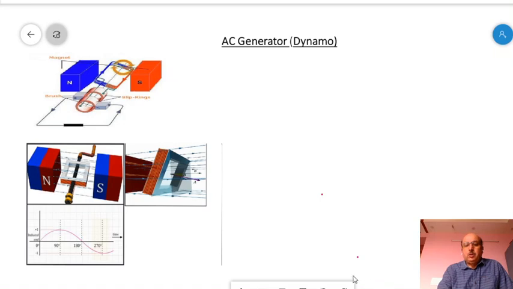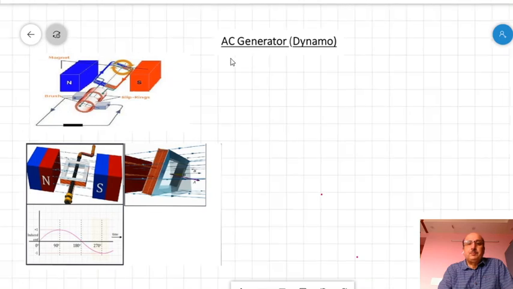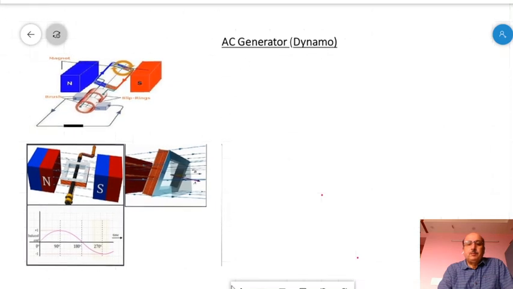Hello, today we will discuss the AC generator or alternator. It is a rotating device which converts mechanical energy into electrical energy.